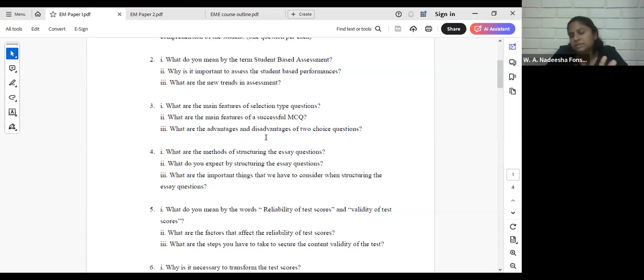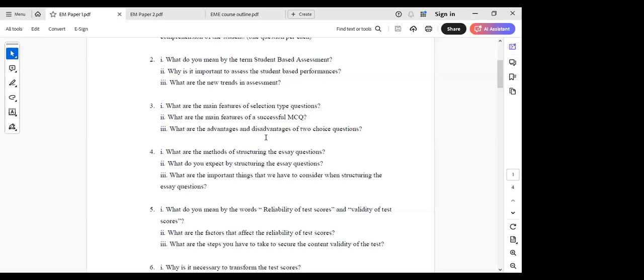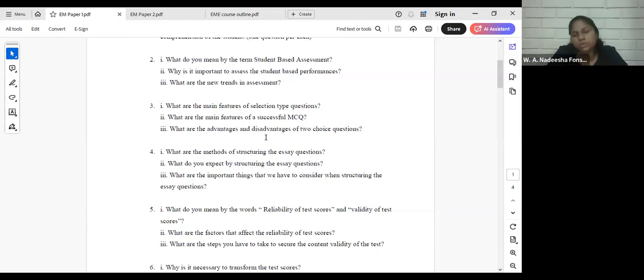Matching tests. Two alternative varieties. MCQ varieties, multiple choice questions. So what are the main features of selection type questions? There are three types. Main features.